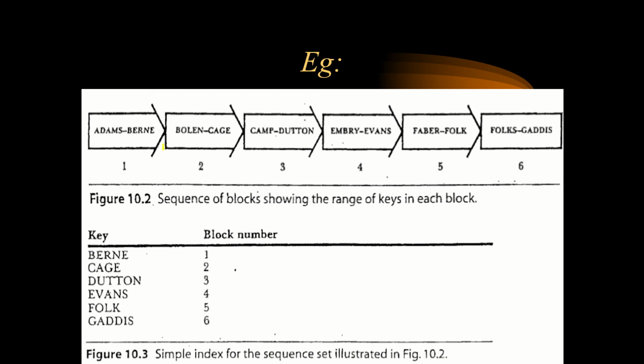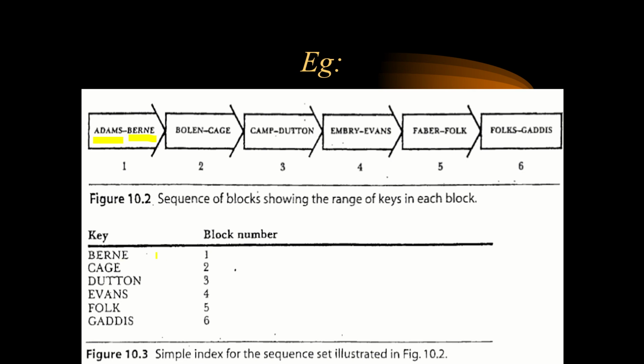So this is my list or the file which is divided into blocks: 1 2 3 4 5 6. Now I need to see what range is used for indexing each and every block of my data file. Here the list is from Adam to Burr. The larger record key is considered as the key for that particular block.